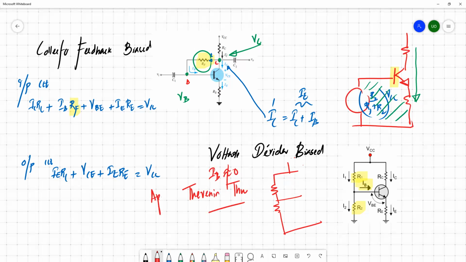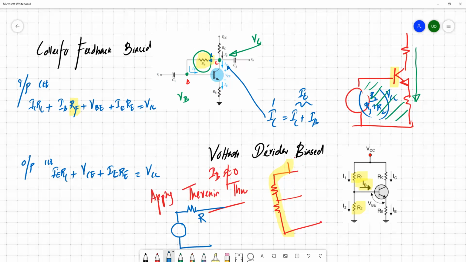Apply Thevenin's theorem and replace this voltage divider model with an equivalent voltage source and a series resistor.